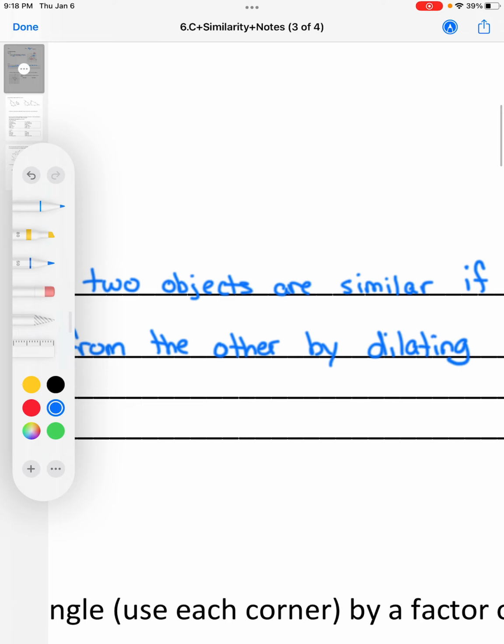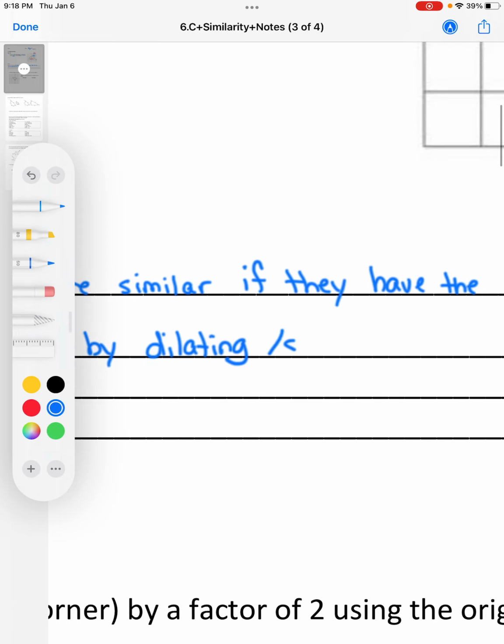Or we can also call it scaling. So that's just timesing all the distances by a value, okay?